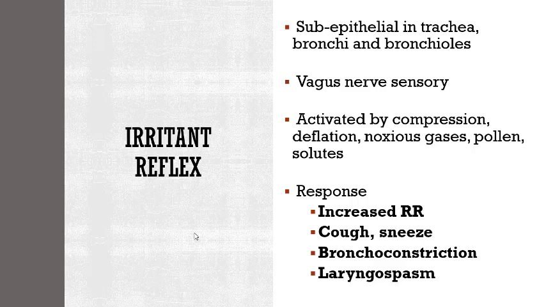Now, the problem with that is if you have a little bit of bronchoconstriction, that can cause like a cough, whatever, that's normal. If you get a lot of bronchoconstriction or a lot of closing off of your airways, that can be a really big problem, obviously, because you can't breathe. So the irritant reflex is good. It's protective, but it can sometimes go too far.